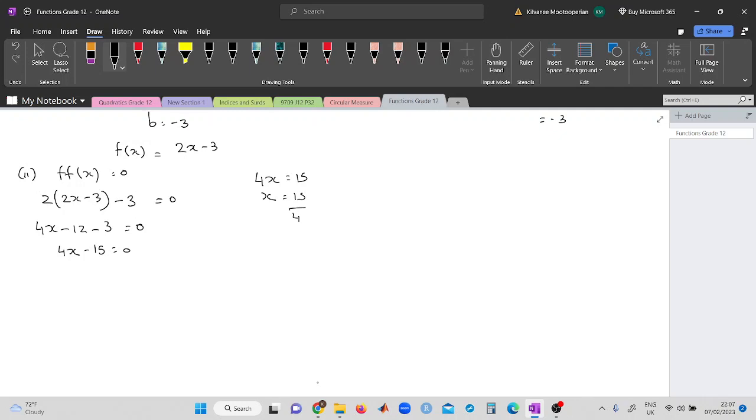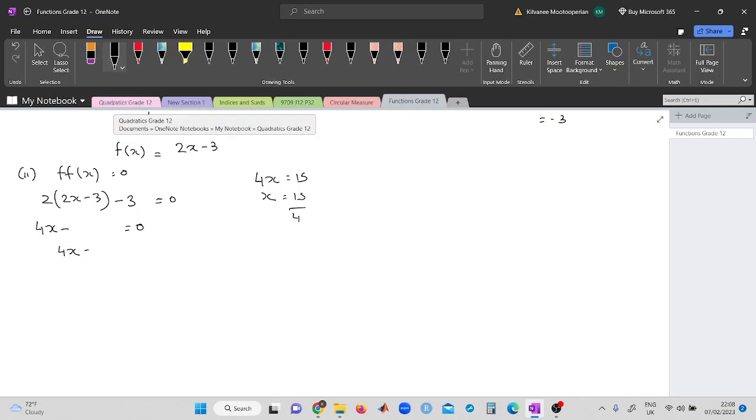Donc là, je vais solve mon x. Donc, c'est equal to 0. Yeah, it's correct, no? No, I made a mistake here.